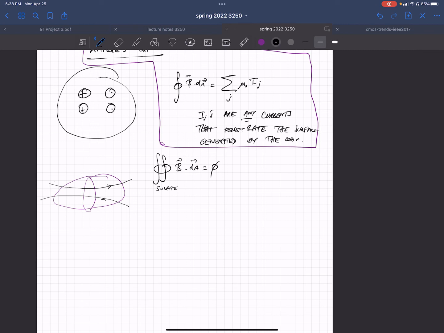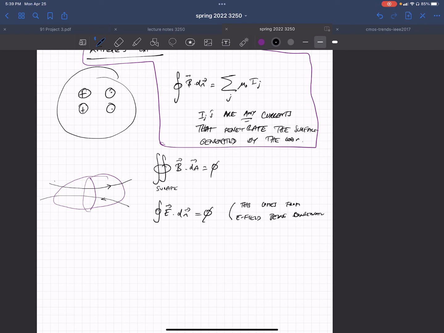In addition, we have a similar thing for E dot dr around any closed loop. It's going to be 0. This comes from the E field being conservative.